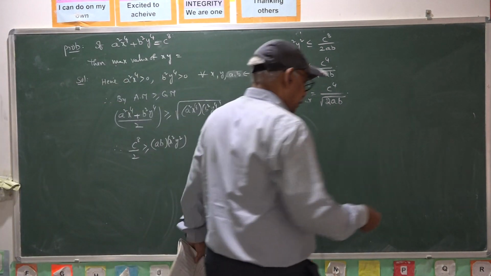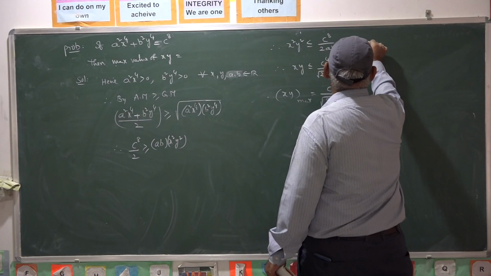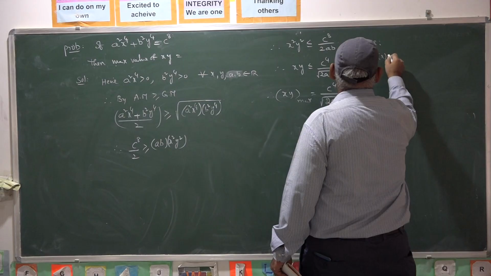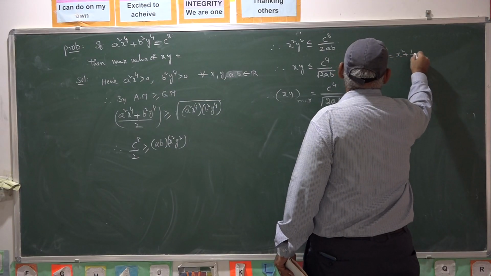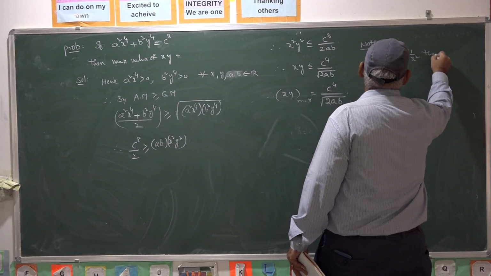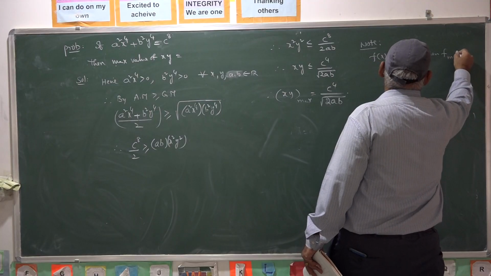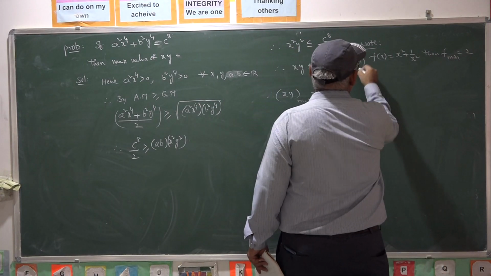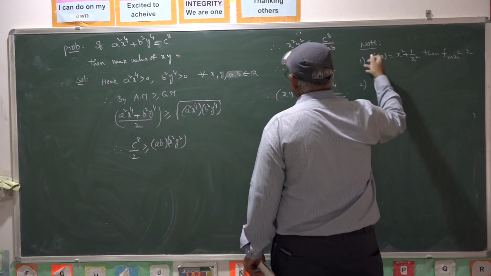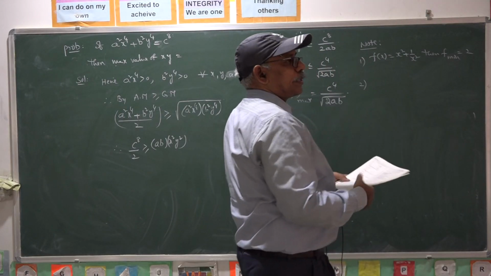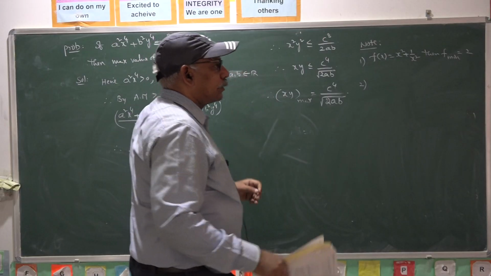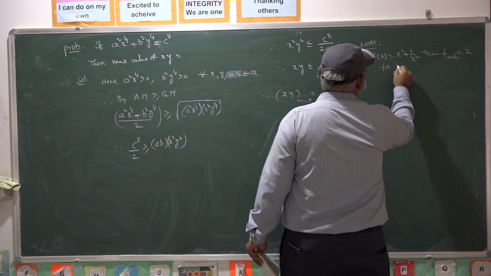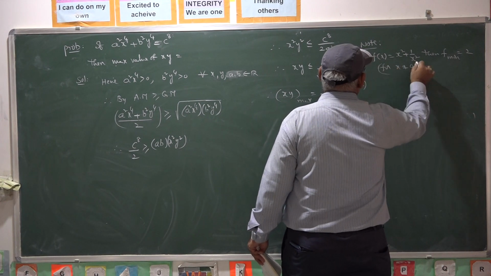Similarly, take f(x) equal to x square plus 1 by x square. Then f minimum is 2, because the arithmetic mean is greater than or equal to geometric mean application is valid here for x not equal to 0.